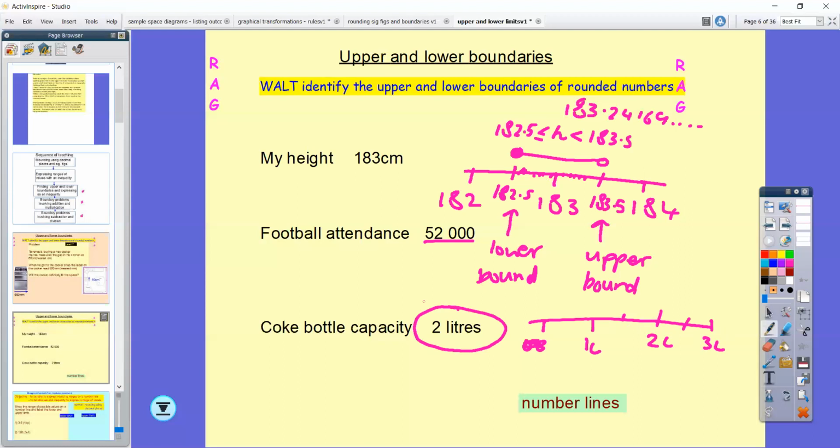So there's a lot of discussion in this, and you can start getting them to write these expressions out. This is where I start: trying to get them to write a number line for a rounded value with the appropriate notation to show what's included, and the inequality.